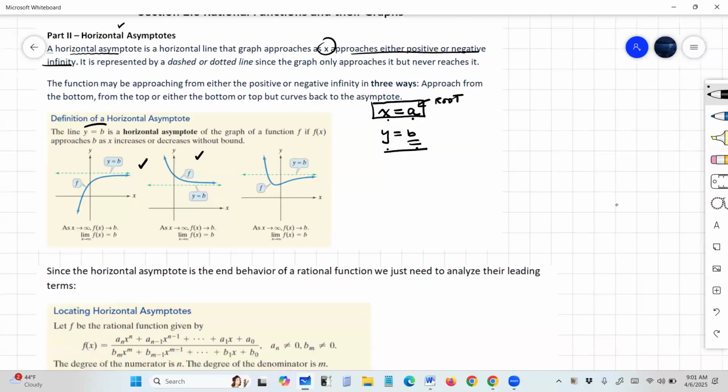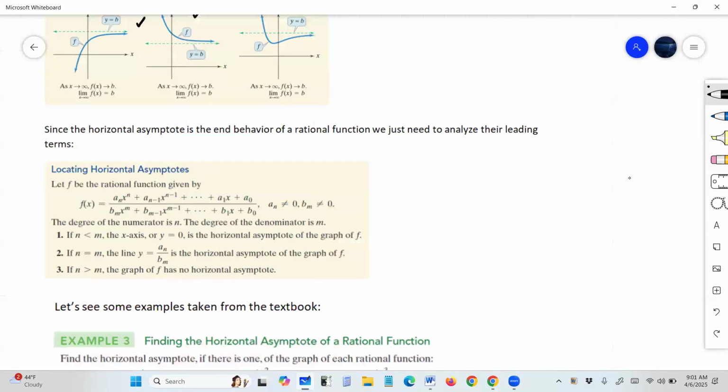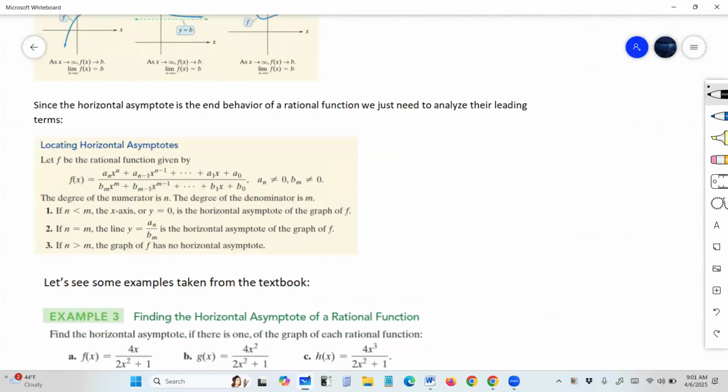Now, how do we find the horizontal asymptote once we have a rational function? Well, this is very easy because, like I said, this is just the end behavior of the polynomial. So we are going to write the rational function in expanded polynomial format with each term completely spelled out, right?